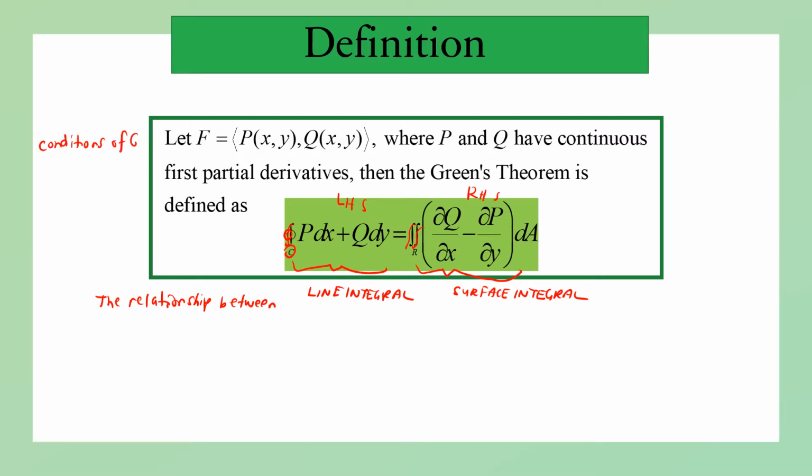First, curve C is a connected, closed curve. Condition number 2 is that it has positive orientation, which means it is counterclockwise.